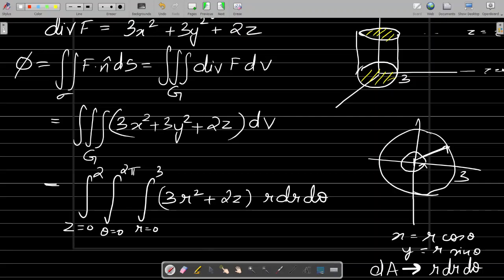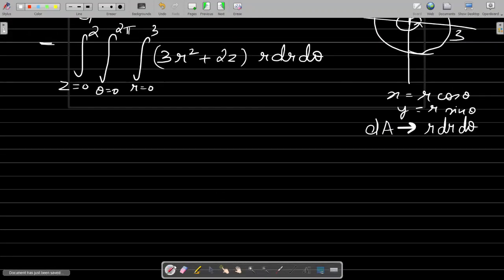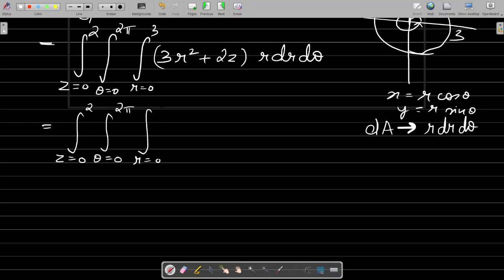Okay, so let's evaluate this integral now. The z limits are 0 to 2, theta equals 0 to 2 pi, and r equals 0 to 3. Let's multiply that r inside, so you'll have 3r cubed plus 2z times r, and there is one more term, dz, so dr d theta dz.